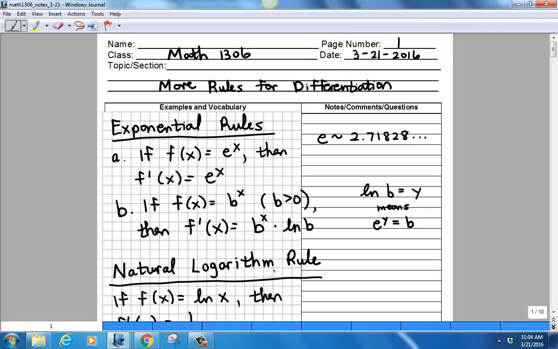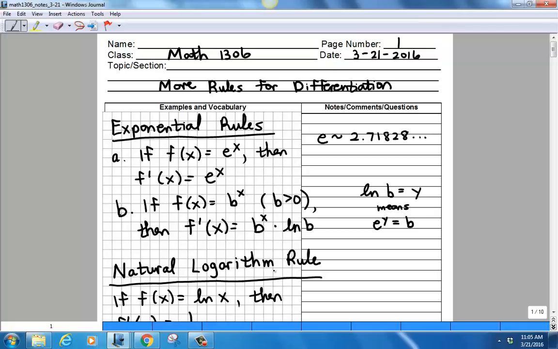The rate of change is going to be just the function itself, but then you have to multiply in the natural log of whatever the base is. Okay? Remember that when you calculate the natural log of a number, that means the power that you raise e to get the number.